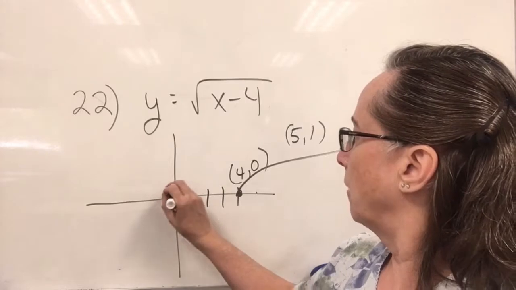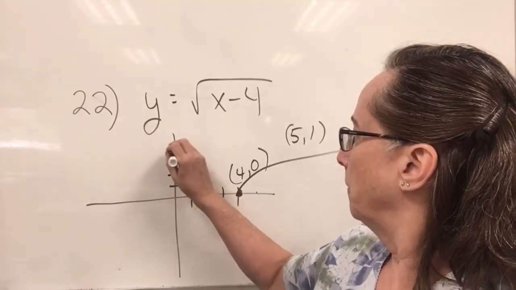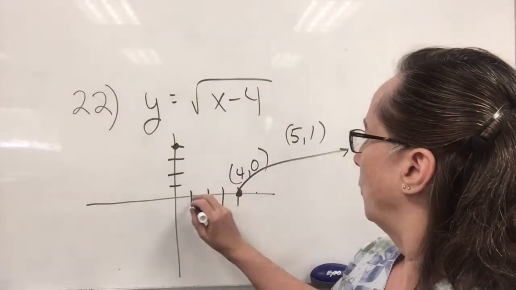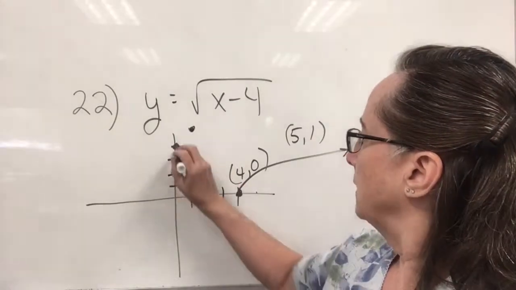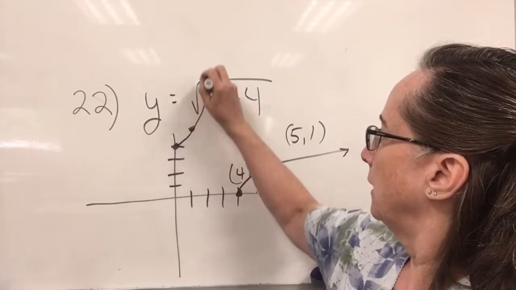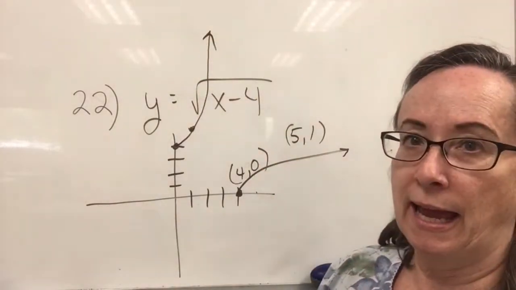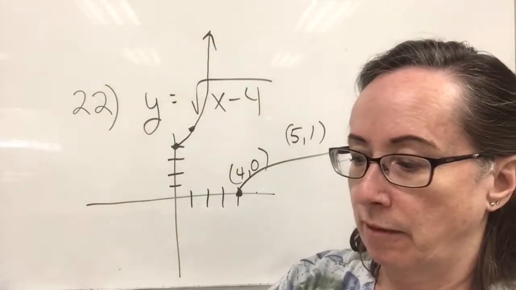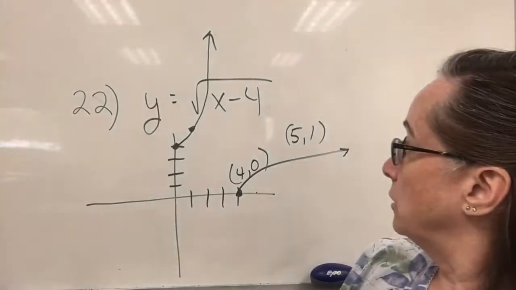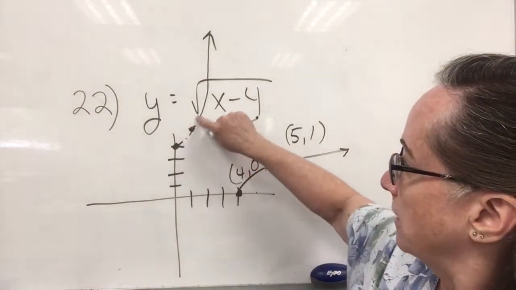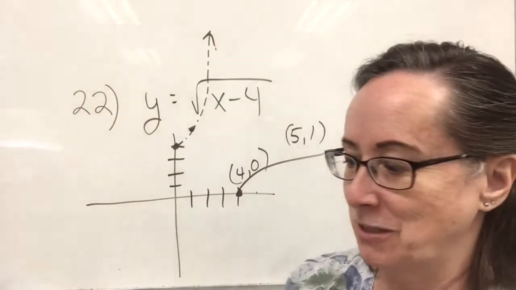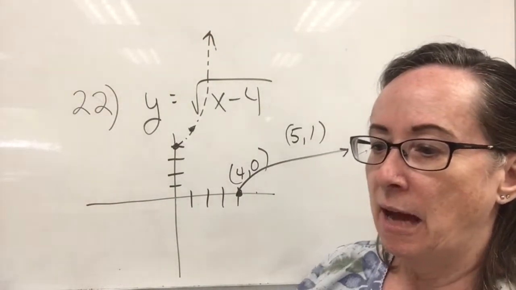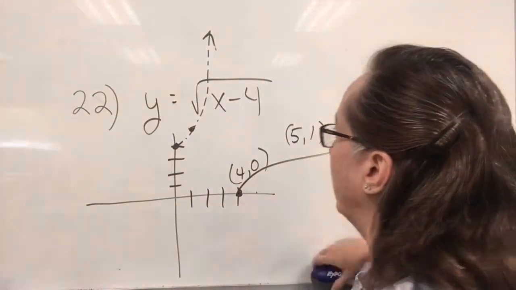So 0, 4 would be a point, and 1, 5 would be a point. And so this one is going to go off in this direction as the inverse, okay? And that's exactly what they show you, except they dashed this line because they told us to put the inverse as dashed, okay?